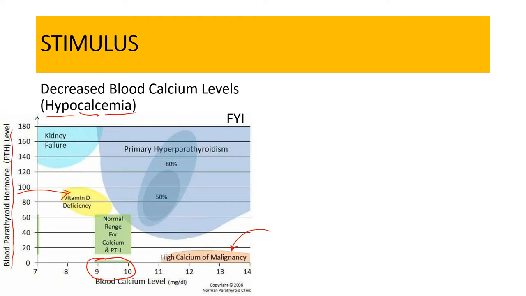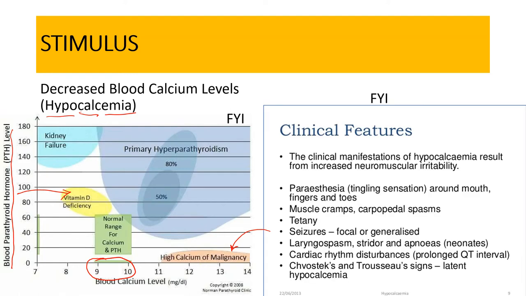These are some causes of what could happen if your calcium levels and parathyroid hormone levels are out of range. Based on looking at those two, you can figure out what the problem is. If you're interested in what a person presents with when they have low blood calcium levels, you can read through that on your own if you want to.